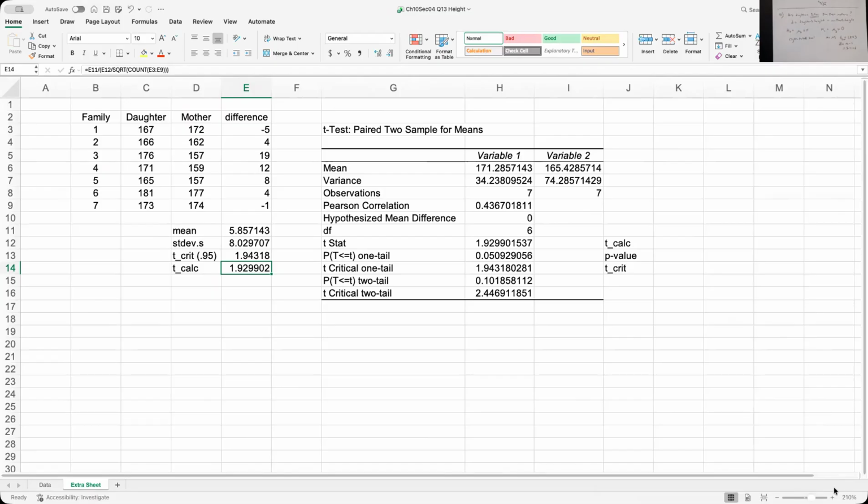So, here's my $64,000 question. Are daughters' heights larger than mothers' heights? Do I reject the null hypothesis and take the alternate or not?